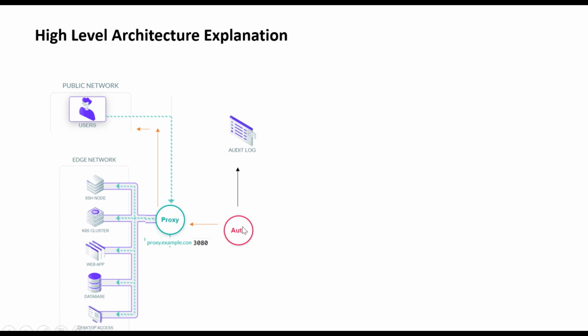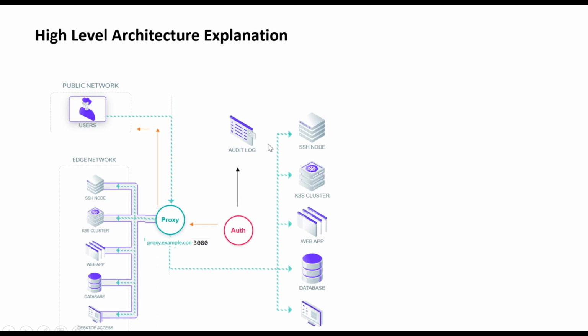This authentication service, this CA, certificate authority, issues the certificate for this particular resource and sends confirmation to the user, and that's how these users have established connectivity with these resources, and simultaneously everything is getting recorded inside the audit log. In the same way, you can connect with other resources as well, like the database, web applications, Kubernetes cluster, SSH node, desktop access.